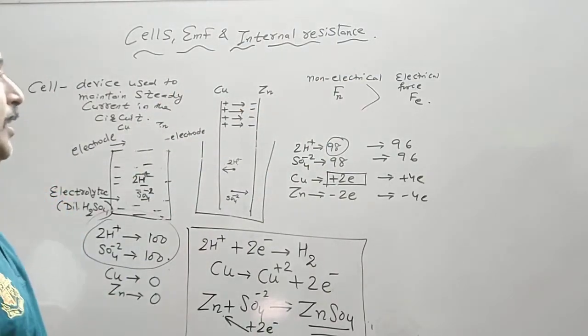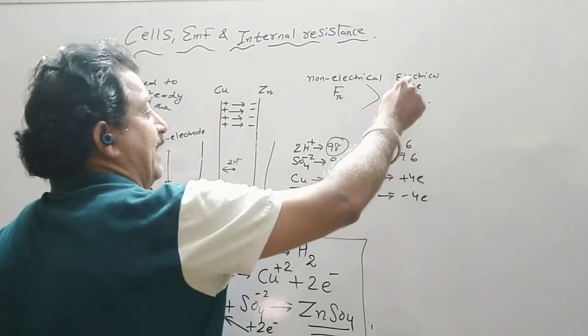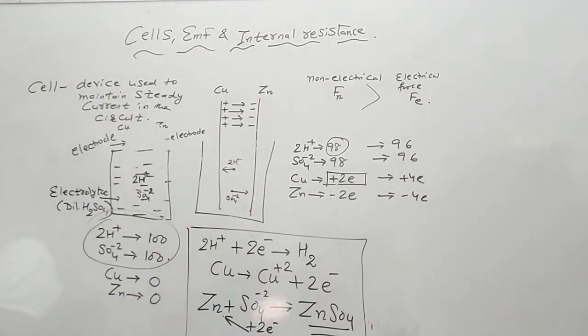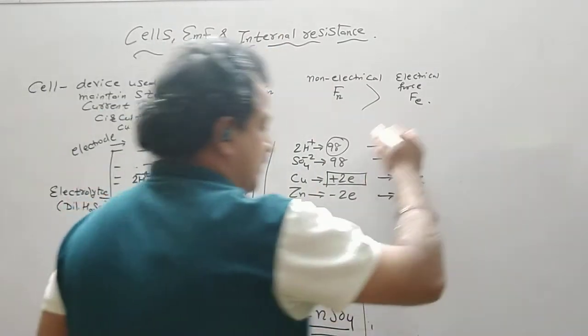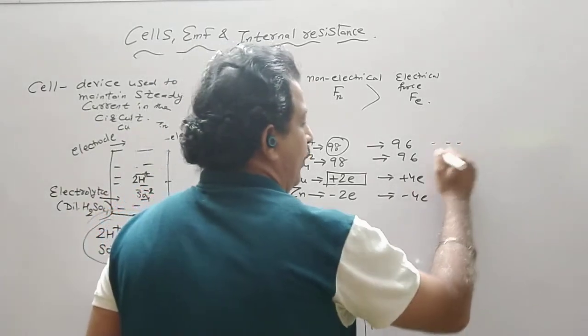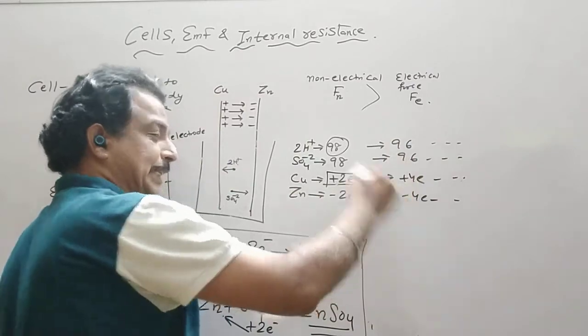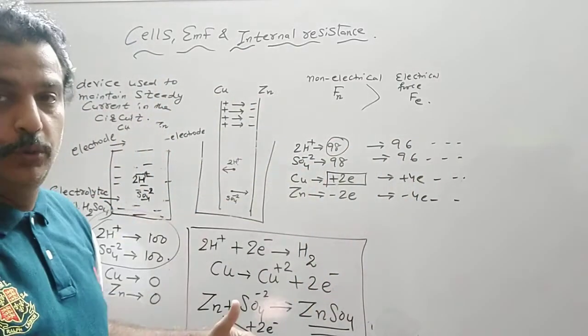So our electric field is less as compared to the chemical force inside it, and this process continues. In the next cycle it becomes 94, 94, 6, 6, 92, 92.